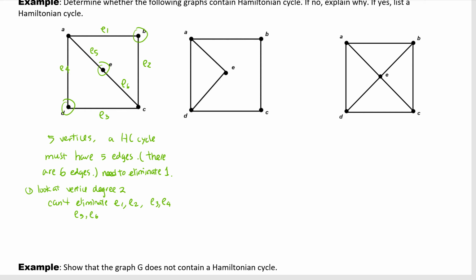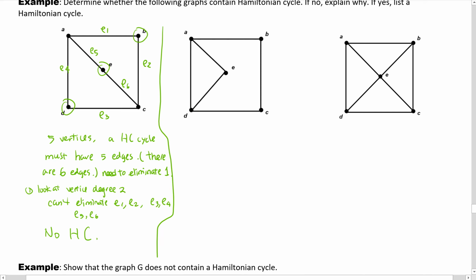So therefore, we cannot eliminate them, and so there is no Hamiltonian cycle. So far so good, everybody. If we try to find the Hamiltonian cycle and realize we cannot, we come up with some contradictions, so it means we cannot find a Hamiltonian cycle.